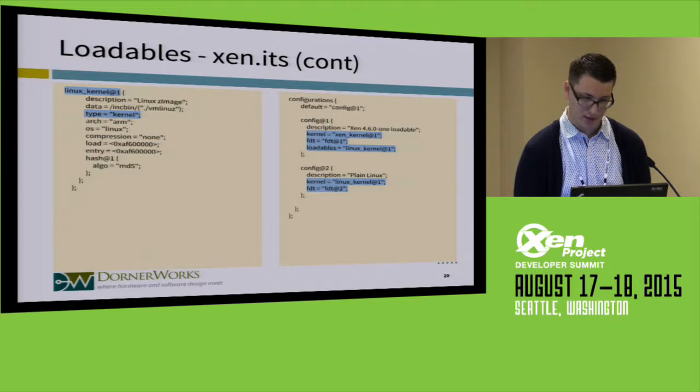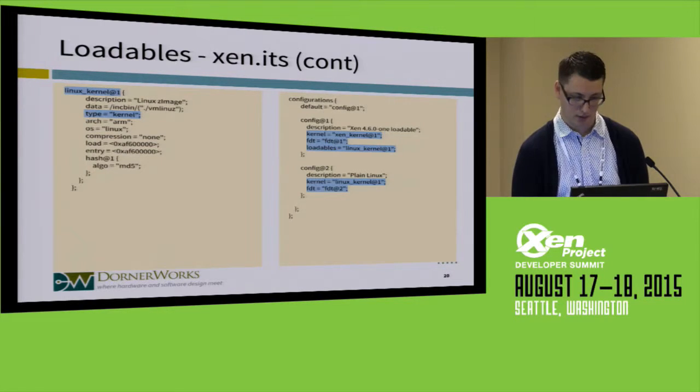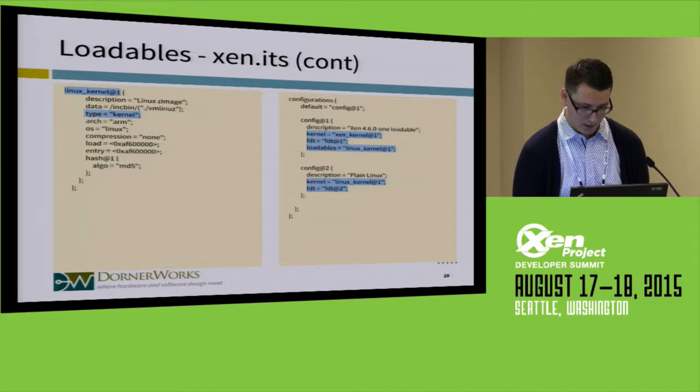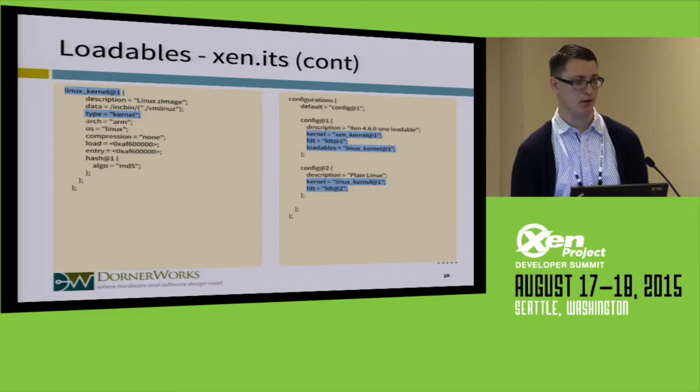The first defines the Xen kernel as the kernel, then the Xen device tree as the FDT, and the Linux kernel as a single loadable. The second configuration uses the Linux kernel as a kernel and the non-Xen device tree as the FDT. So this would allow you to choose configuration 1 to boot into Xen, or to choose configuration 2 to boot into plain Linux.